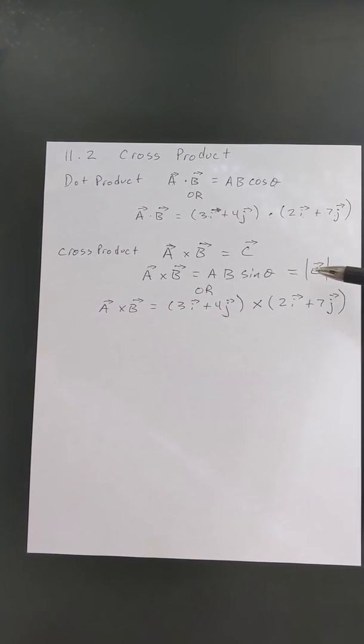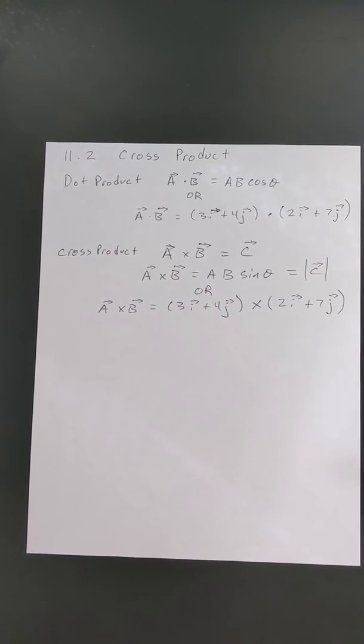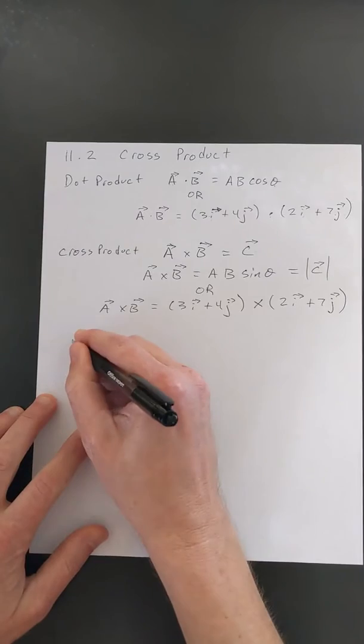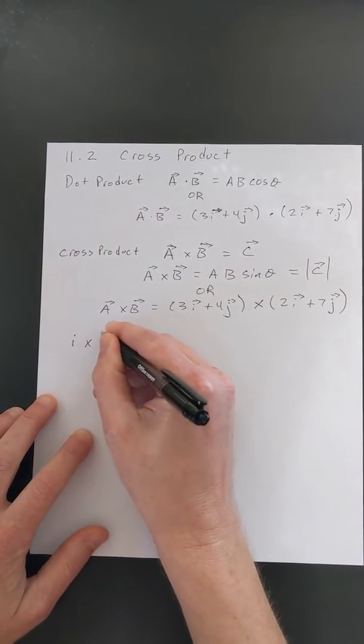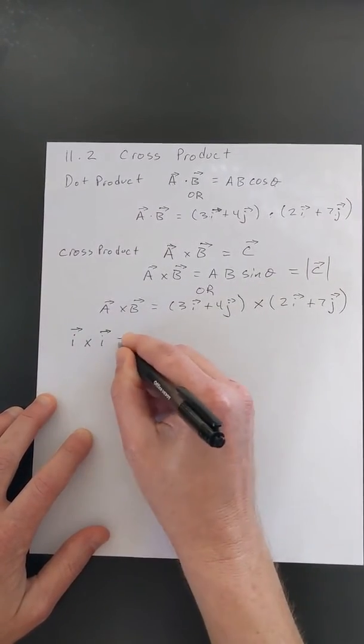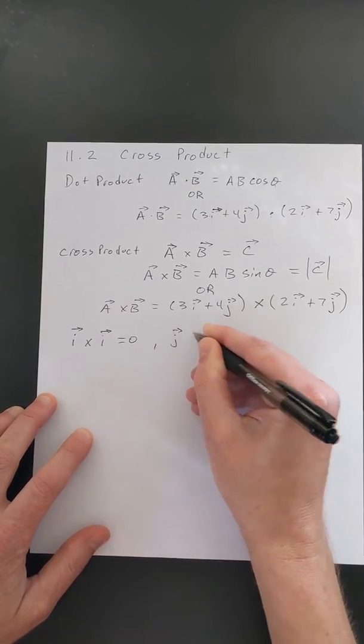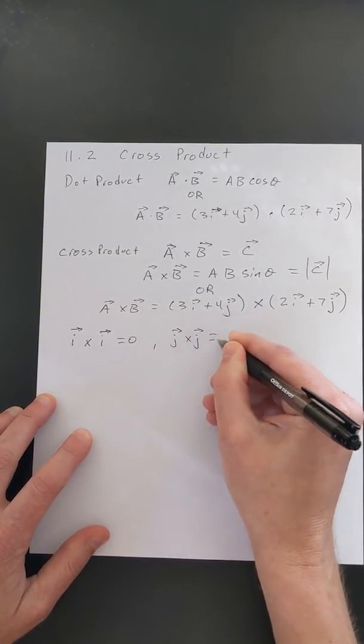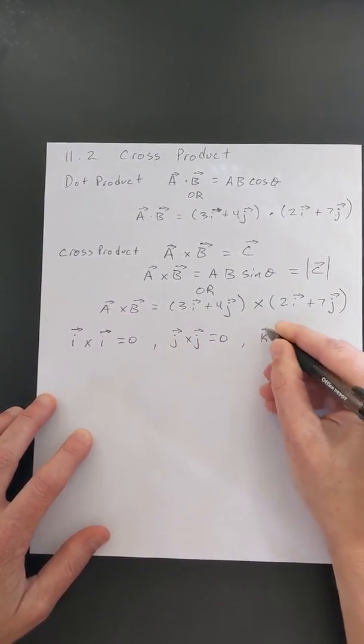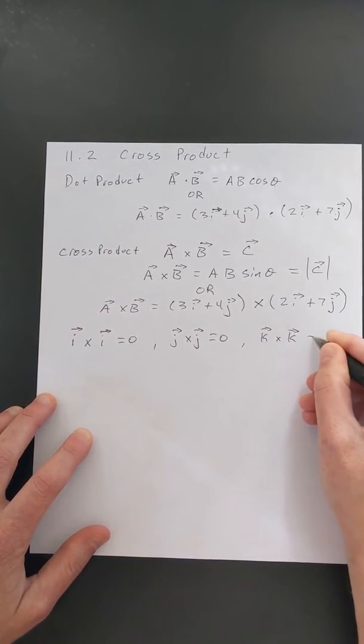But when we get to cross product, it's a lot more complicated. See, with cross product, anything crossed with itself is 0. So I cross I, let me put the little arrows, is 0. J cross J is 0. And K cross K is 0.